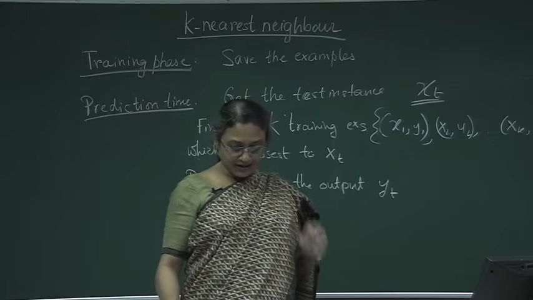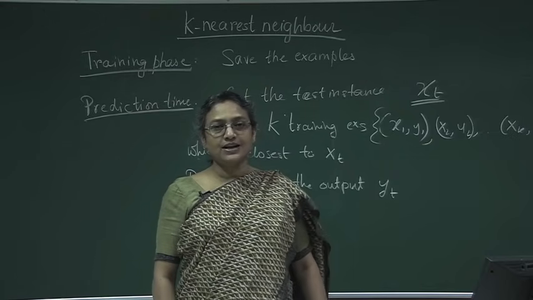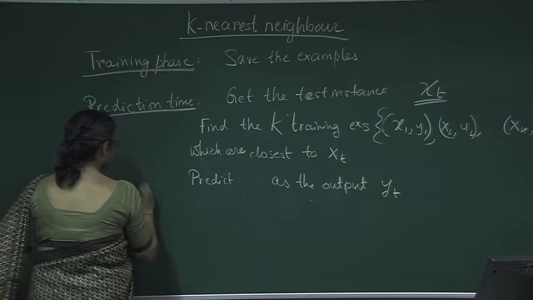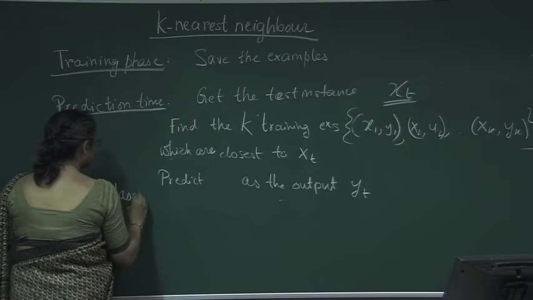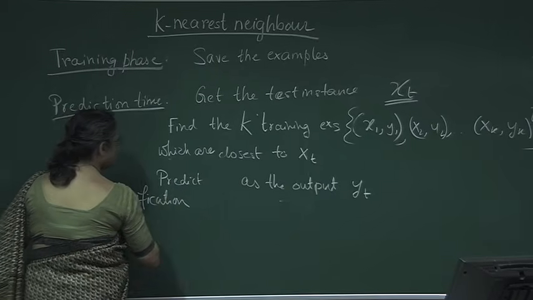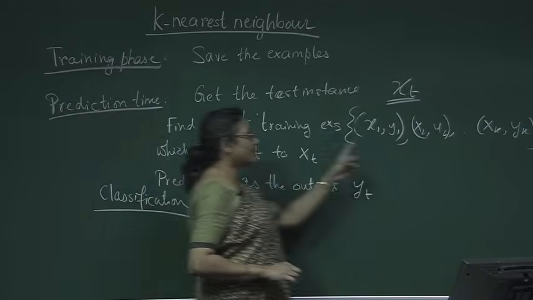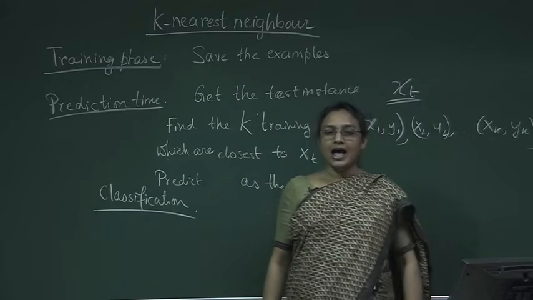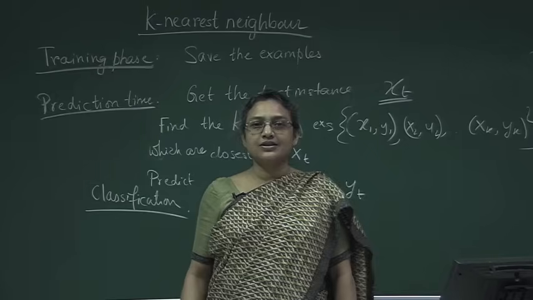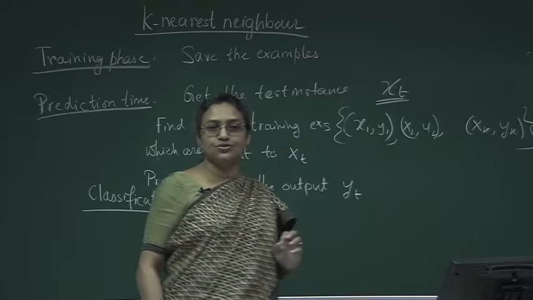What should we predict? It depends on whether we are doing a classification problem or a regression problem. For a classification problem, we look at y1, y2, ..., yk, and we can predict that class which is the majority class among y1, y2, ..., yk.